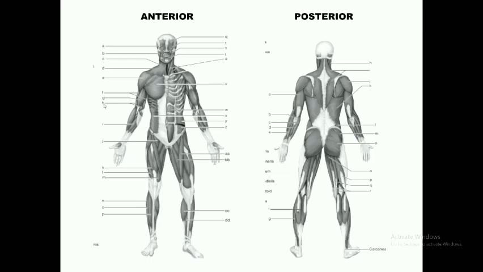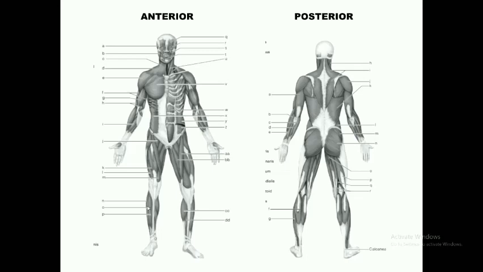So answer is H. Next, extensor digitorum longus. So it is located here. That is in the lower leg. So that is the extensor digitorum longus.